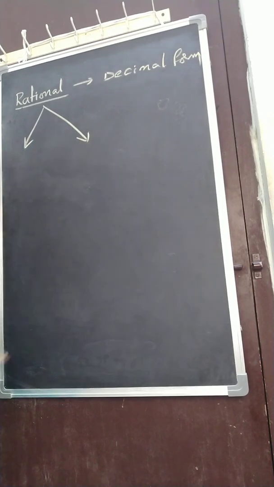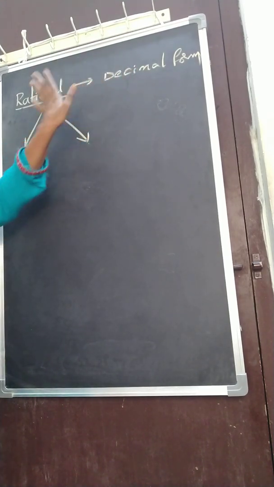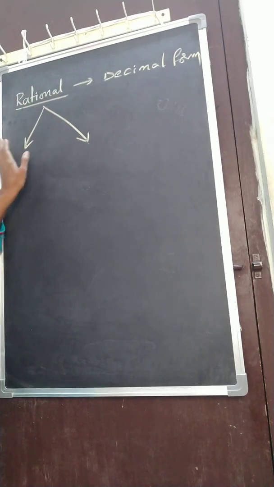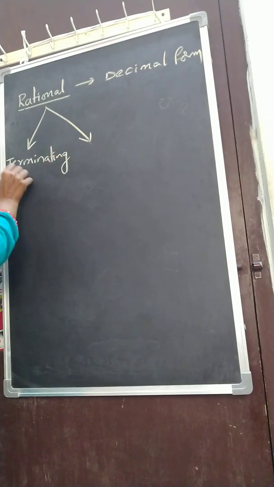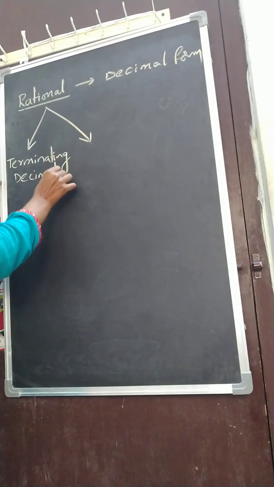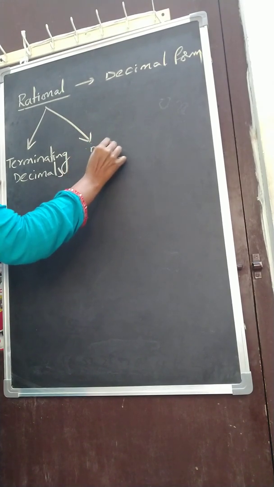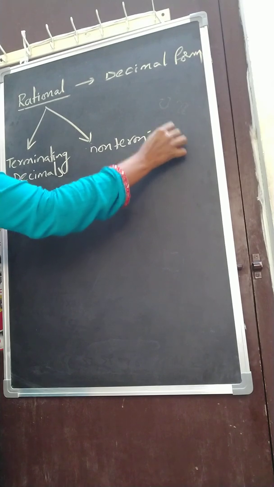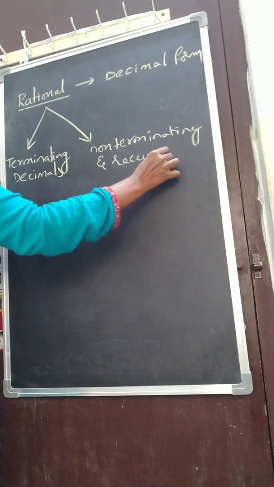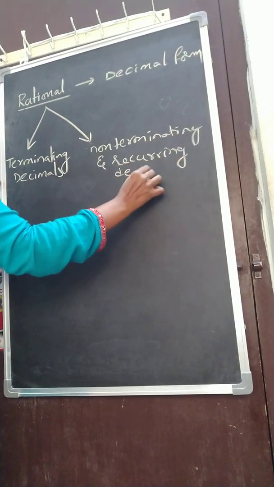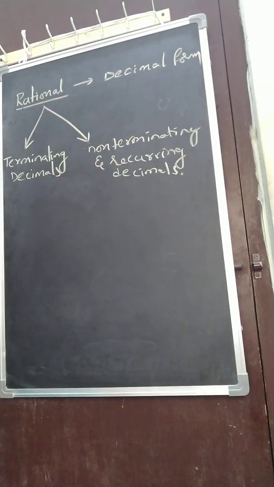We can change the rational numbers into decimal form, as terminating decimals or non-terminating and recurring decimals.